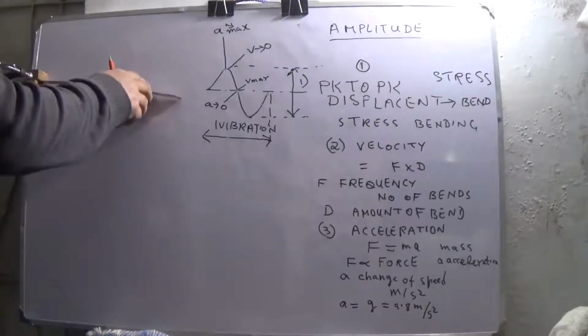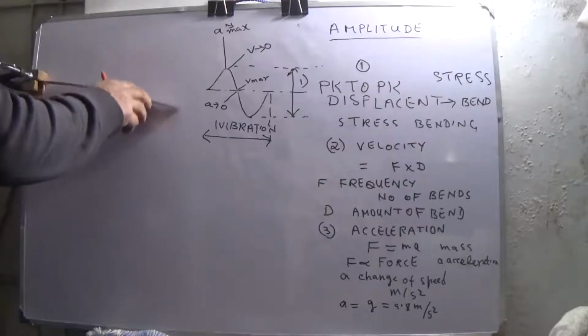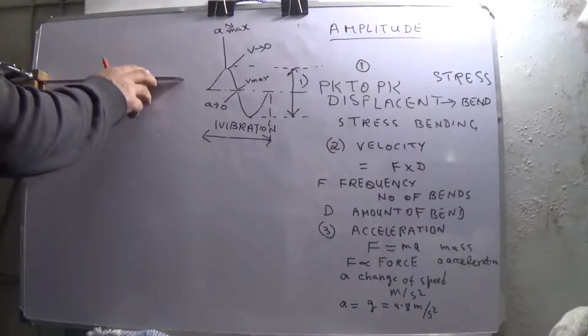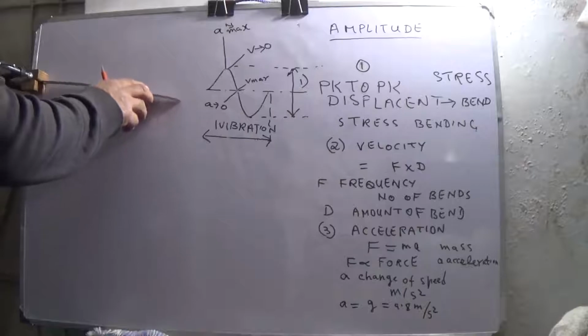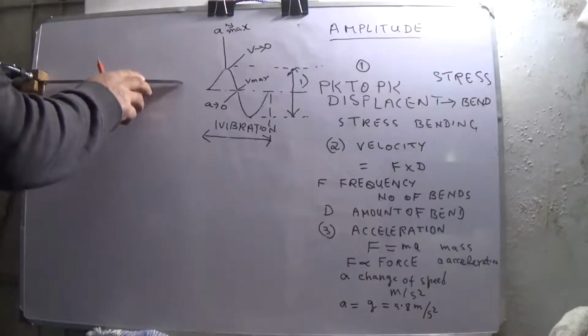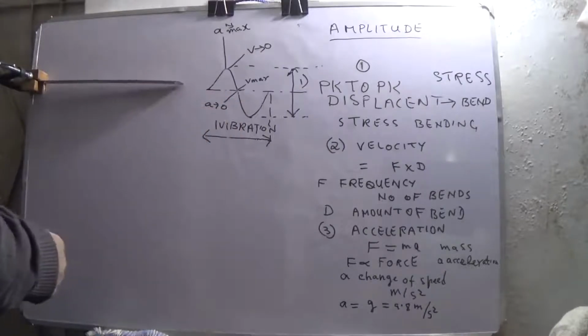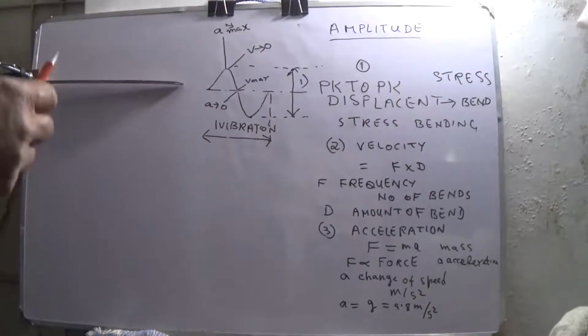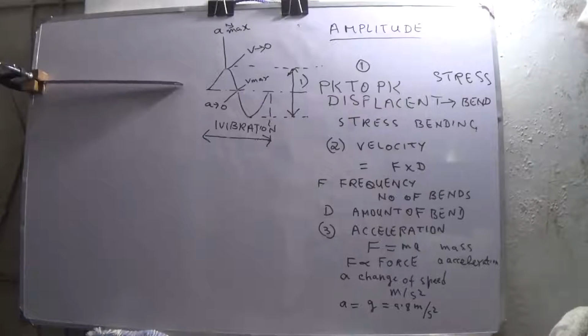Frequency is the number of vibrations per second or per minute. This is bending, and this is vibration. Vibration frequency means the number of times you are bending the machine part in 1 second or 1 minute.